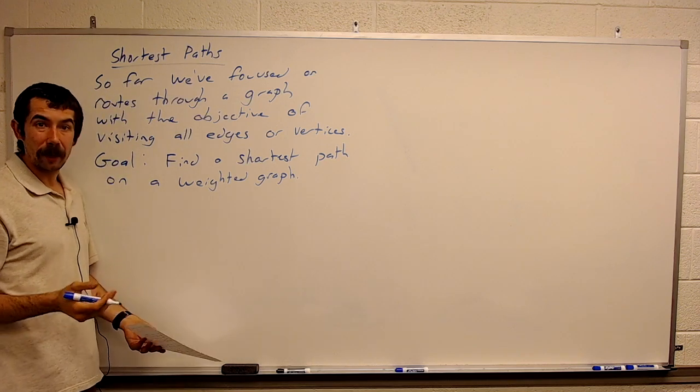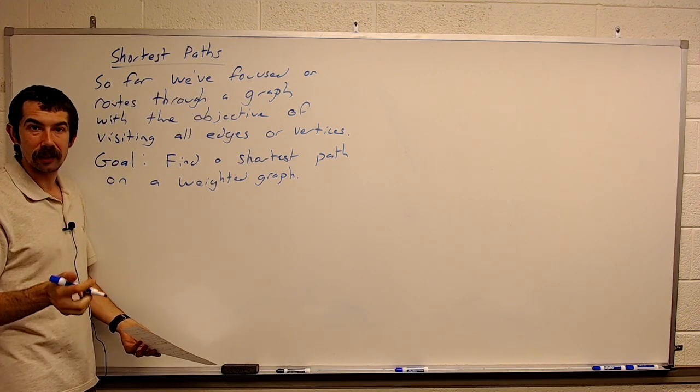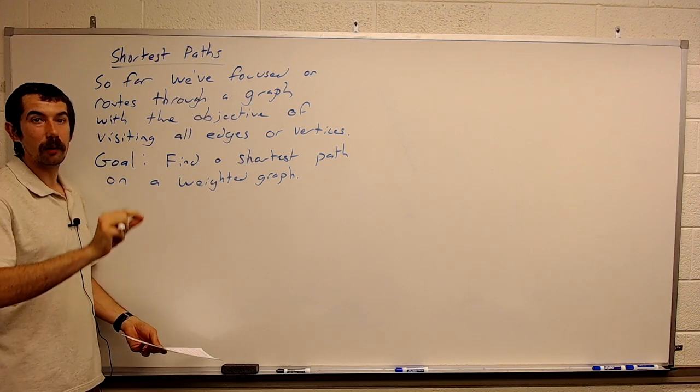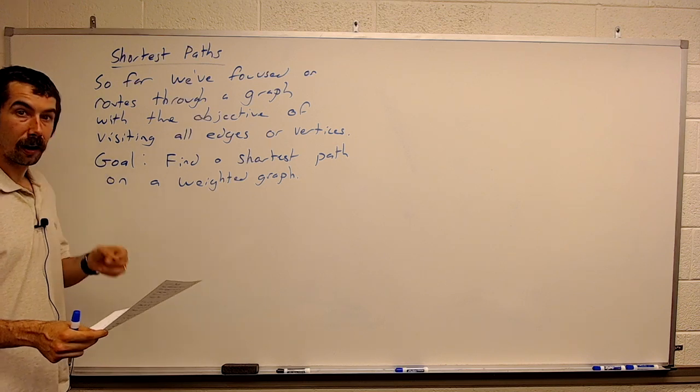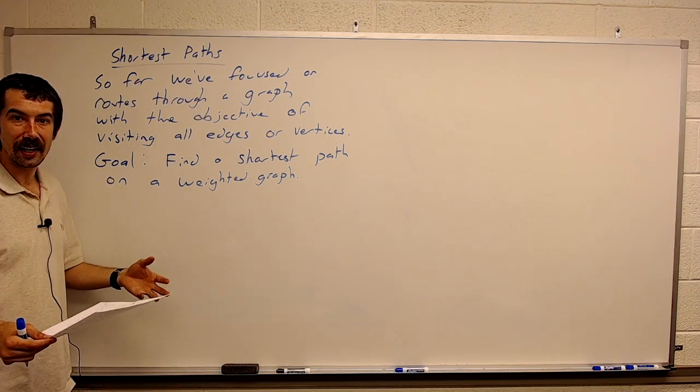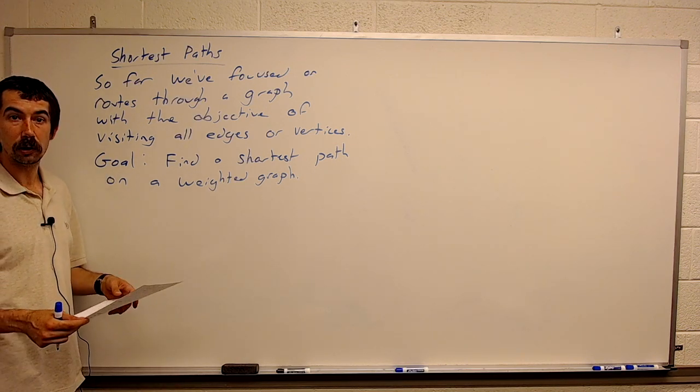Right? This is what your GPS does every time you ask for directions. It tries to get you from where you are to where you're going as quickly as possible. All right, we're going to use an algorithm known as Dijkstra's algorithm to solve this problem.